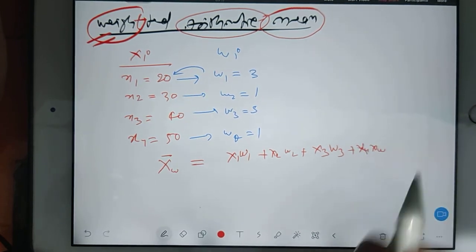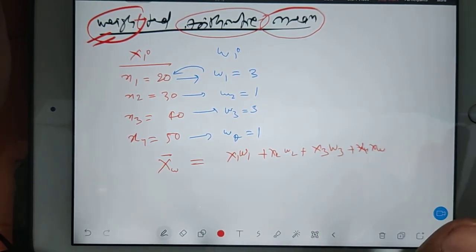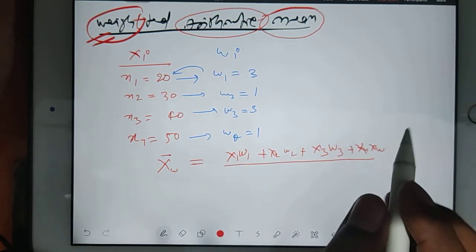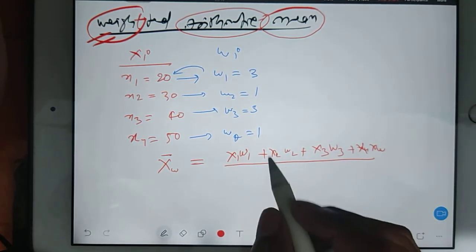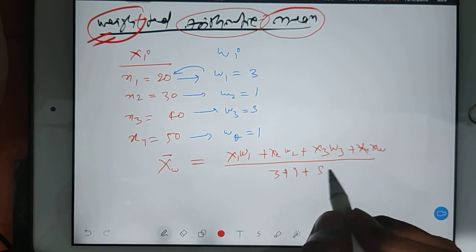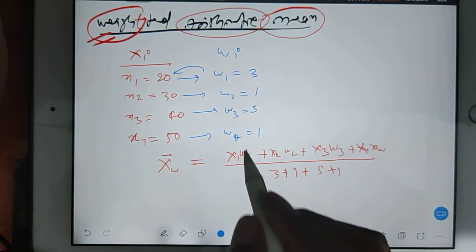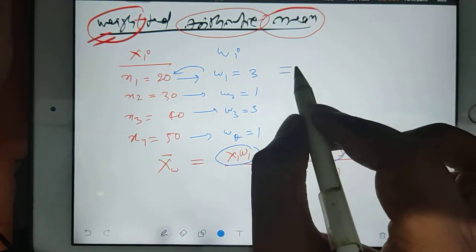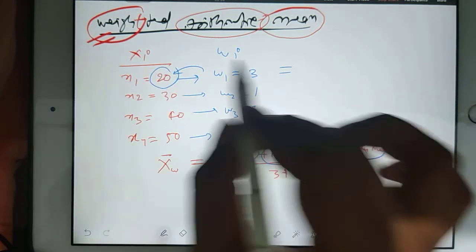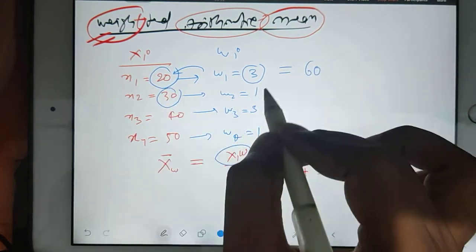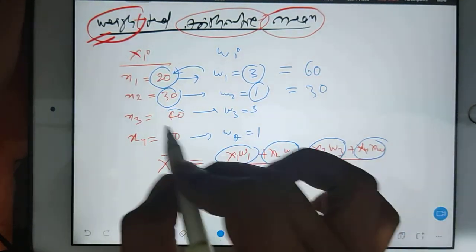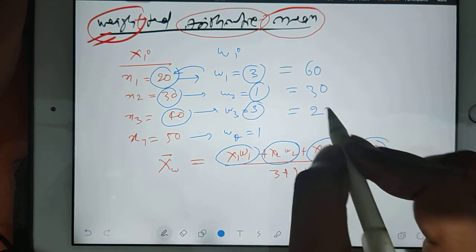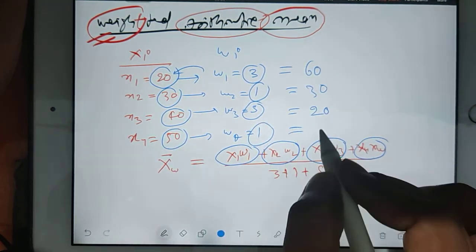In this example, you have to go till 4. In bigger examples, you have to go more or less, depending. And divide by the sum of all the weights, 3 plus 1 plus 5 plus 1. It means you have to find the products of every term. So let's find the products. I hope this time I will not make a mistake. 20 into 3, 60. 30 into 1, 30. 40 into 5, 200. 50 into 1, 50.